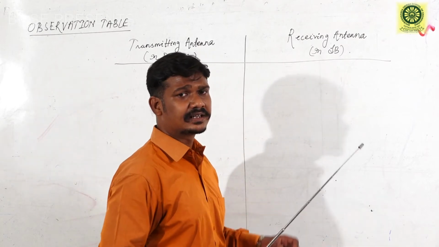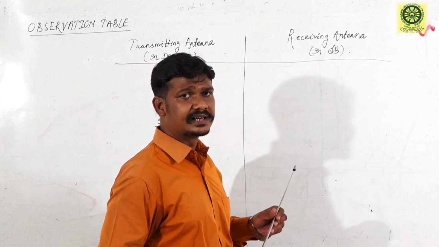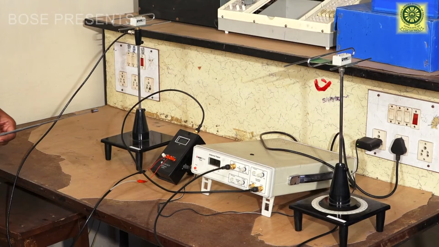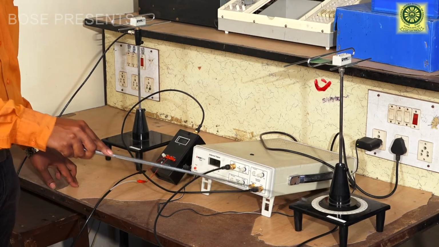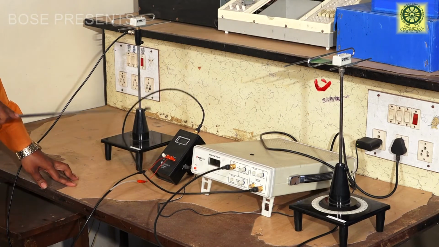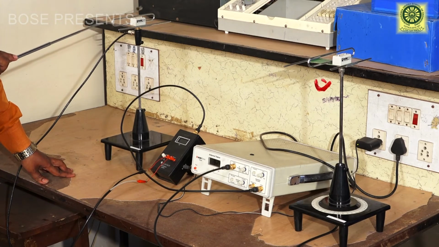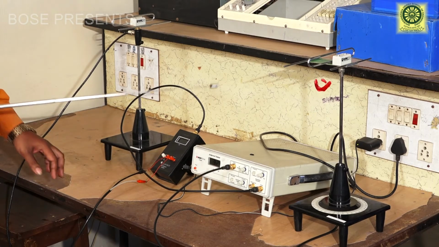Now let's see the connection of the 5-element Yagi-Uda or 3-element Yagi-Uda antenna. To perform this practical, we need a transmitting mast, a receiving mast, a 3-element Yagi-Uda antenna, antenna trainer kit, an RF detector and BNC probes.